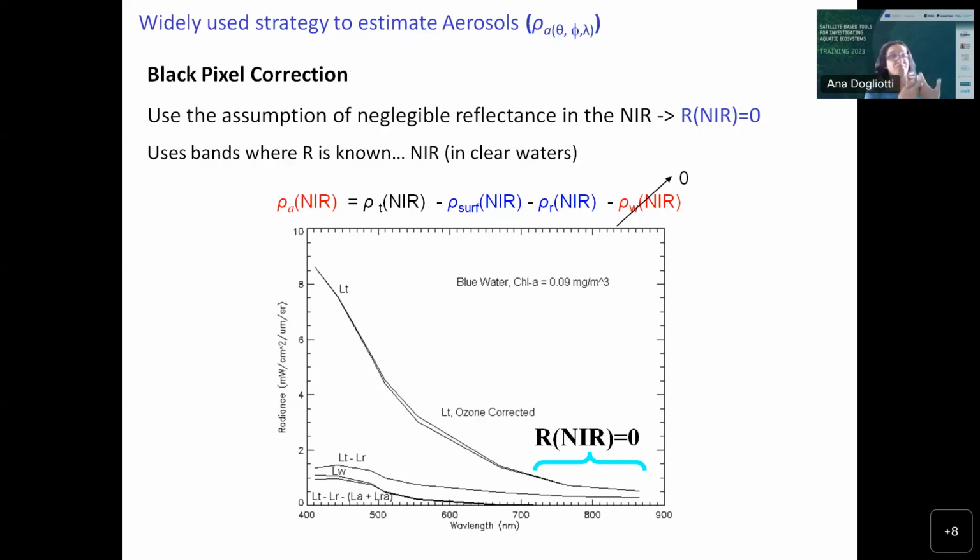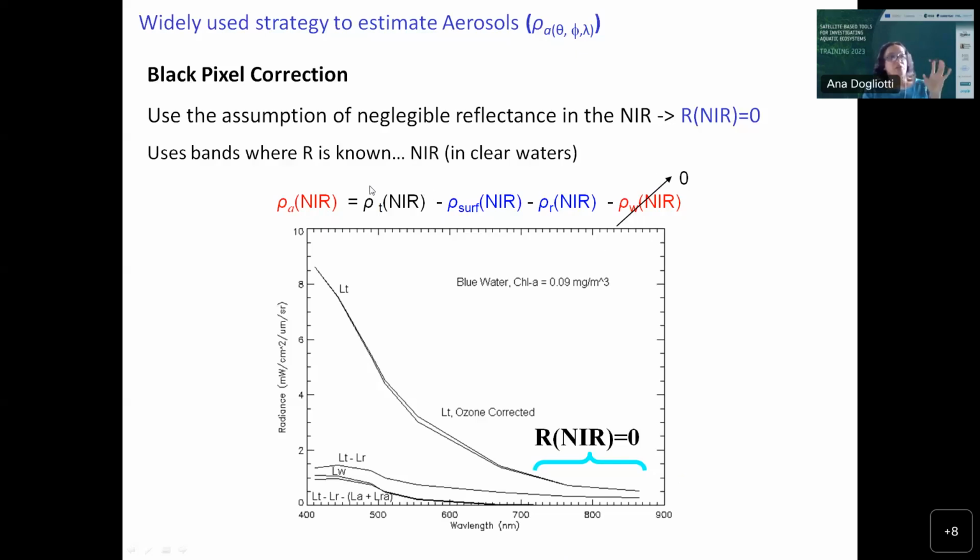So actually, if the sensor is receiving a signal in the near infrared, that means it's not coming from the water, but from the atmosphere. So back to the previous equation, we can estimate the component of the aerosol from knowing what's coming from the water.